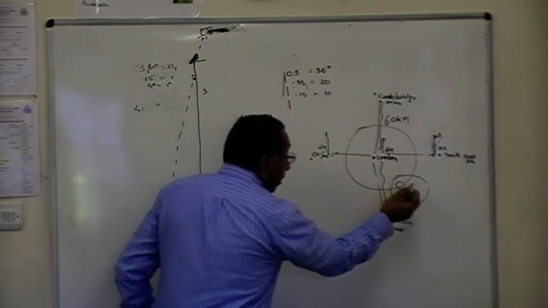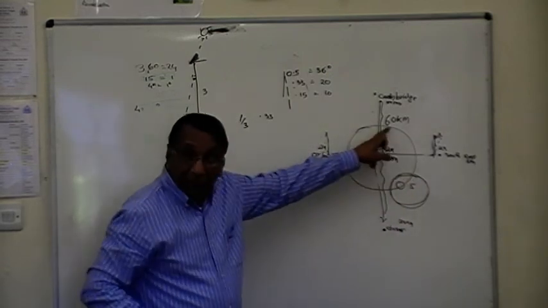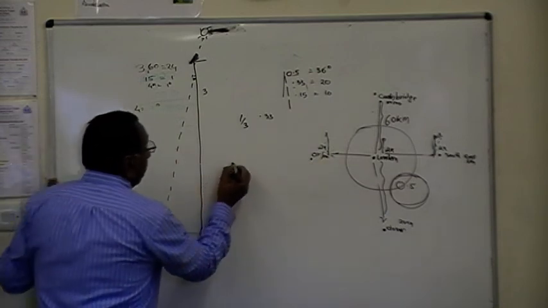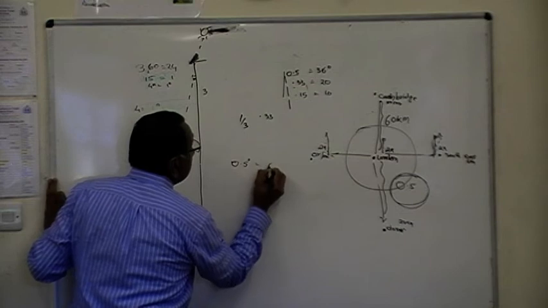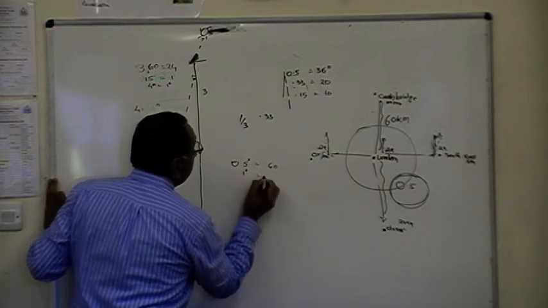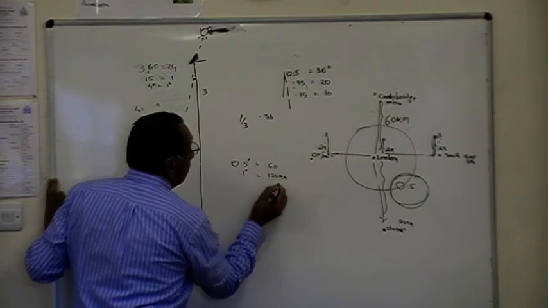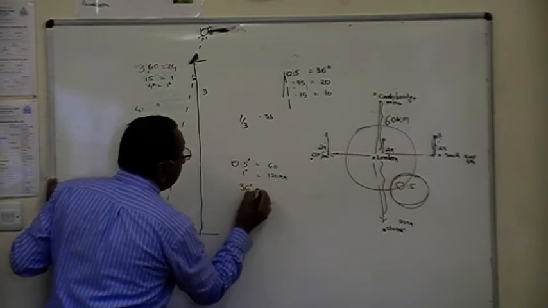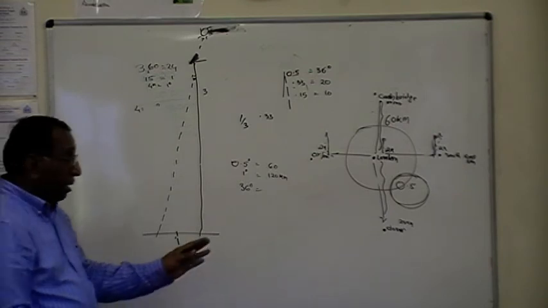And once we confirm that this is half a degree, about 50 or 60 kilometers, so 0.5 degree equals 60 kilometers, 1 degree equals 120 kilometers, sorry. And 360 degrees equals what? About 40,000.